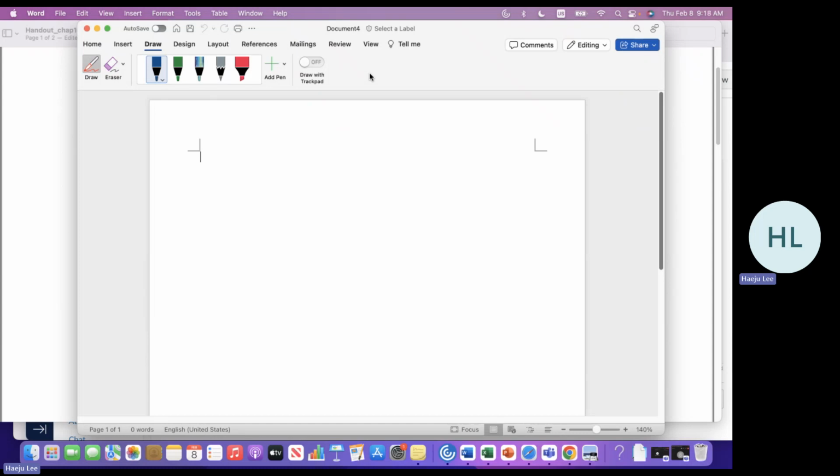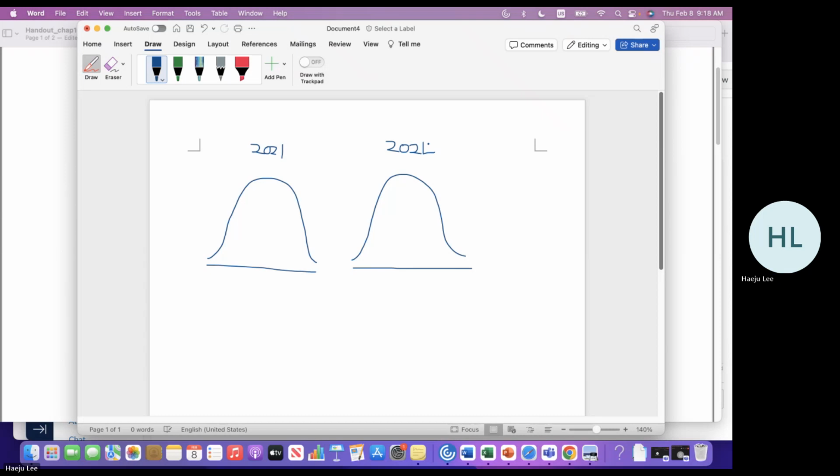For example, if there are math scores for 2021 and math scores for 2024. For the math scores for 2021, the mean is 200 and the standard deviation is 10.